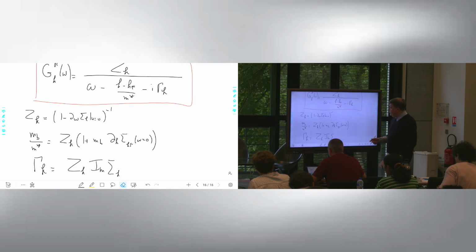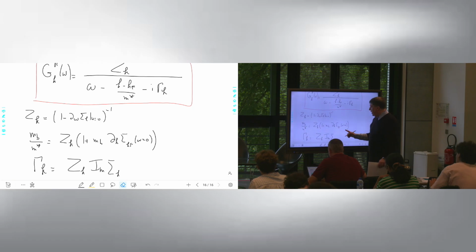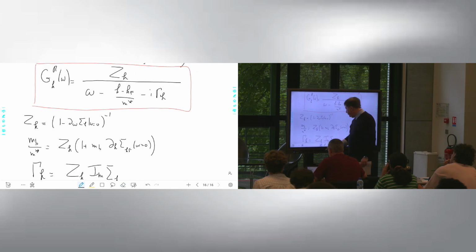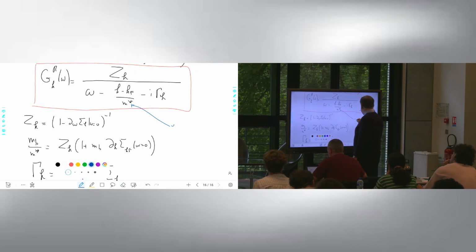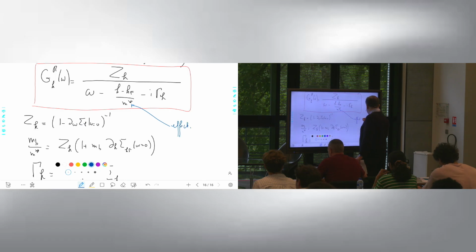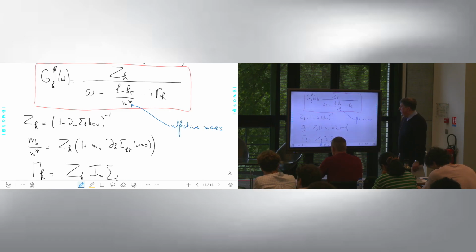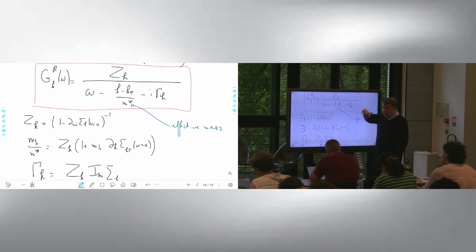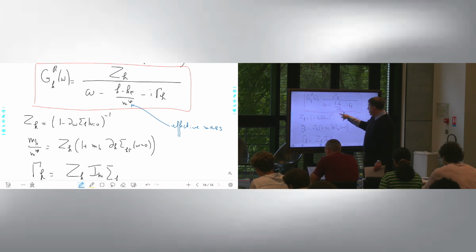So you see that the self-energy with these different derivatives contains the quasi-particle residue, this term here, which is the effective mass. The first term, mB, is the effective mass due to the band curvature, but here we have two effects.